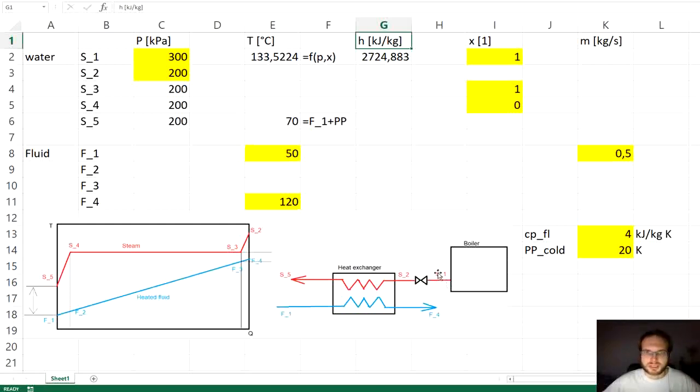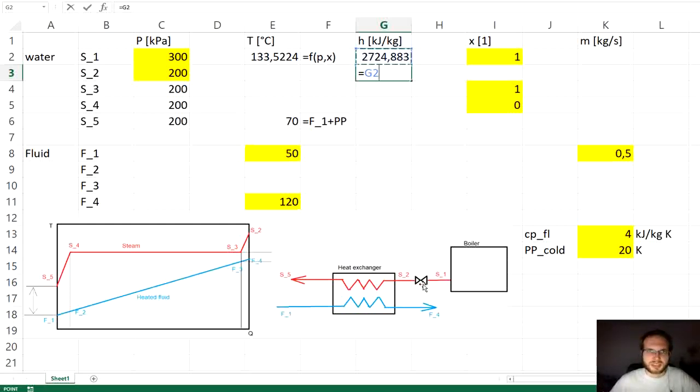Okay, so now we have almost all the parameters at the point S1, and we can go further to the point S2. The throttling, which happens between the point S1 and S2, is an isenthalpic process. That means the enthalpy will stay the same because there is no work made and no heat transfer to the environment.